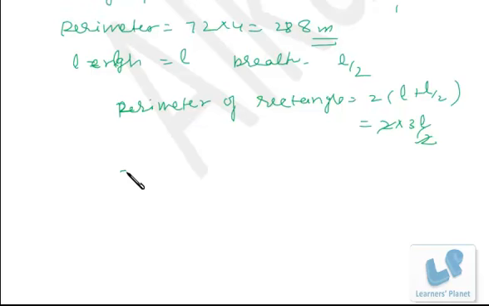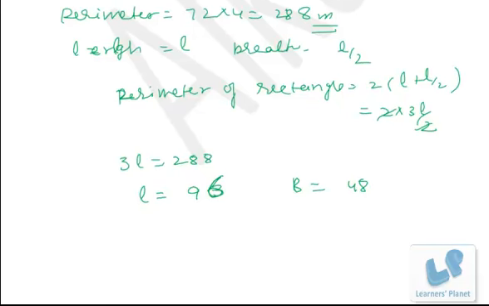So 3L is equal to 288. That means L is equal to 96. I'm sorry, 3 9s are 27, 1 8s, 3 6 are 18. That means the length of the rectangle is 96 and the breadth will be half of this, that's 48.